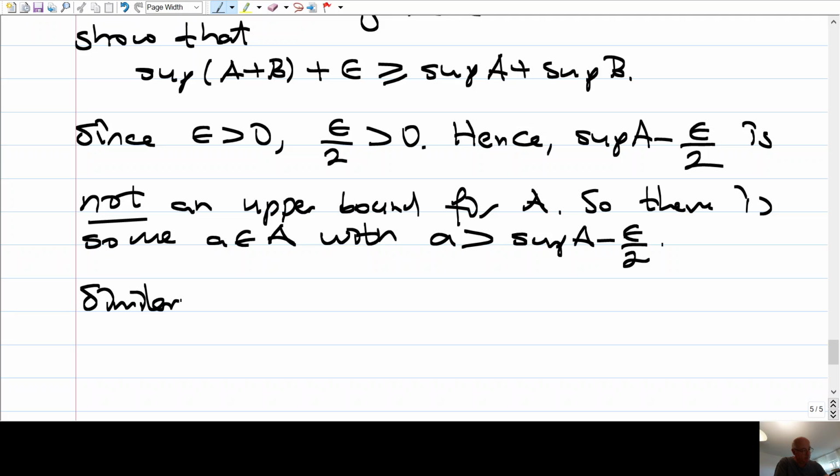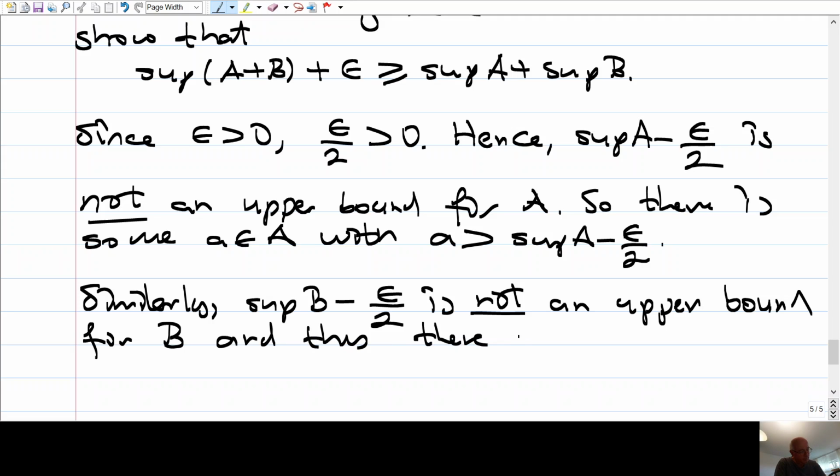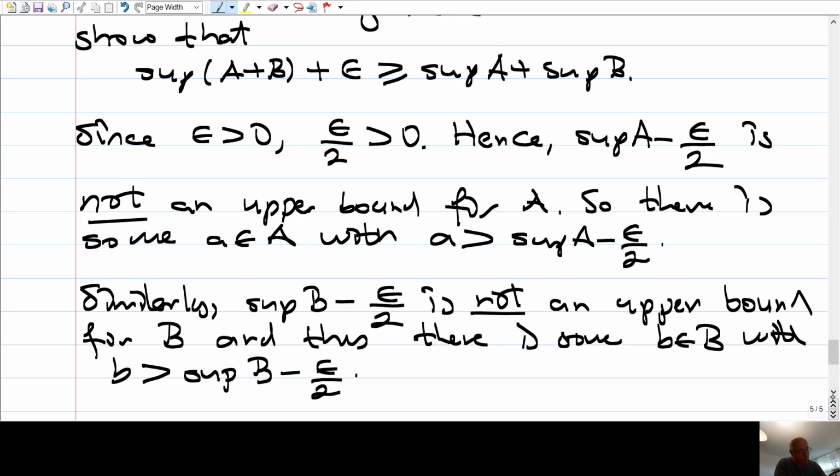Similarly, supremum of B minus epsilon over 2 is not an upper bound for B, and thus there is some b in B with b larger than supremum of B minus epsilon over 2.